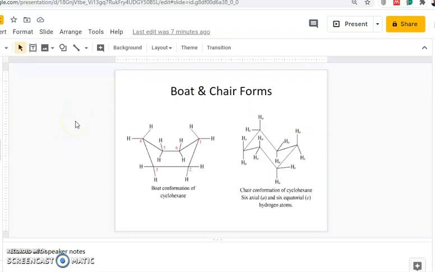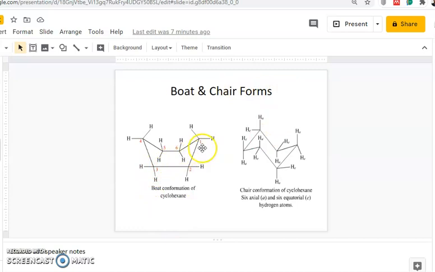Actually, cyclohexane can have a number of forms, and there are two extreme forms represented here. They are called the boat form and the chair form of cyclohexane.